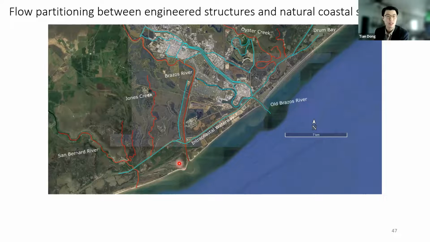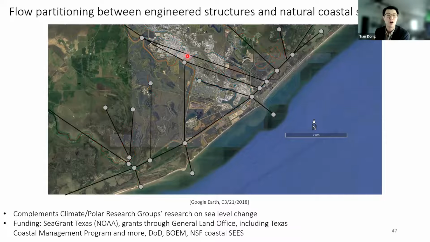In this project, I aim to use a graph model to understand how water and sediment partition between these different channel systems and what actually makes it into the Gulf, to understand sediment supply to other coastal systems. This is of great interest to the climate and polar research groups working on sea level rise at the institute.